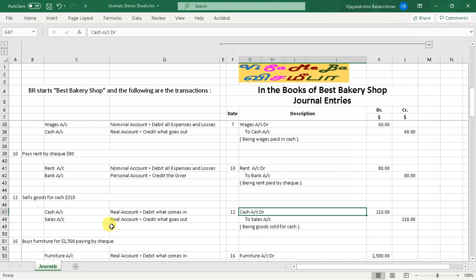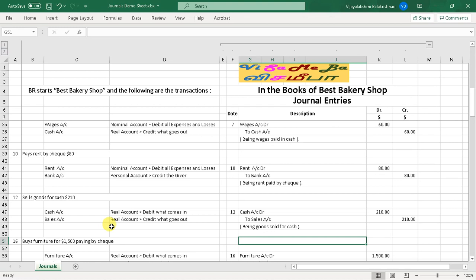So debit what comes in, cash account debit, and sales is when goods are going out, so credit what goes out. Both cash and sales are real accounts. So cash account debit to sales, being goods sold for cash, $210.